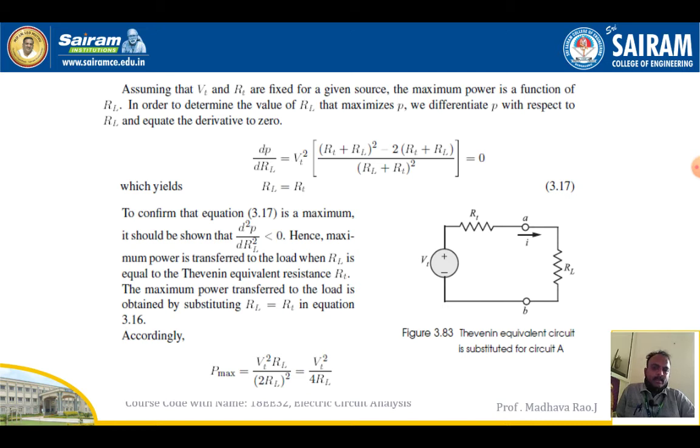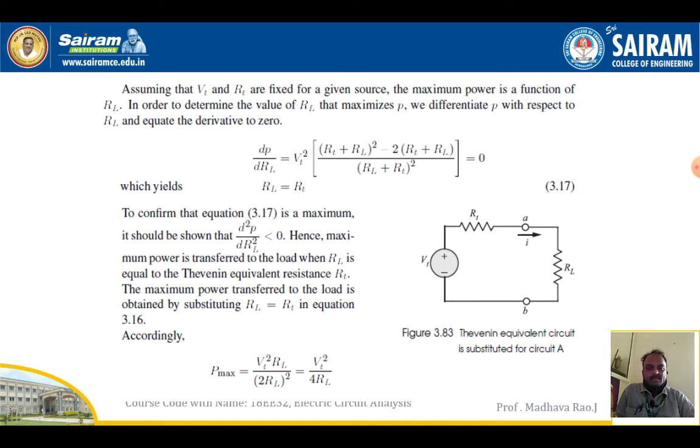So dP by dRL is equal to VT square, which is common. For the denominator we take the square, and for the numerator we take the derivative. When we are finding the maximum power, that relation should be equal to 0, which yields, according to the statement of the maximum power theorem, RL is equal to RT.